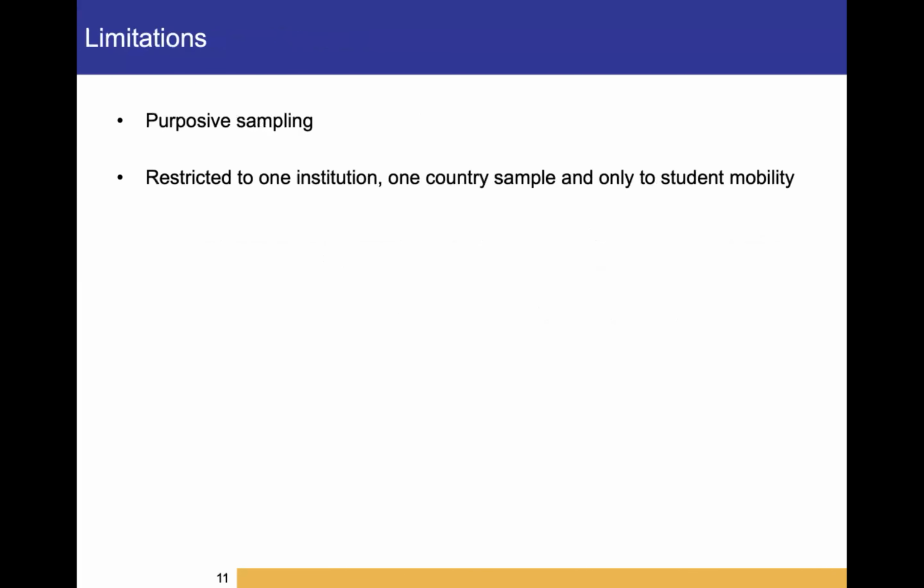However, because we are currently utilizing this as a pilot study, we will be going on to use this on a wider sample of 500 students who will be going for a study abroad program. At the moment, the limitation is that this was just to understand the concept of applying a structured equation model on short-term student mobility programs.